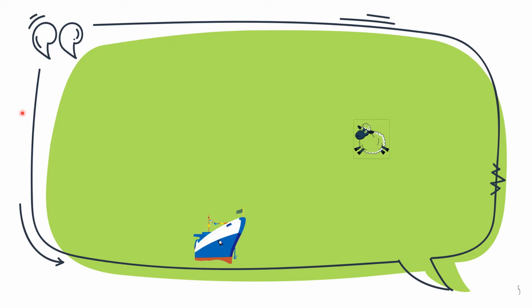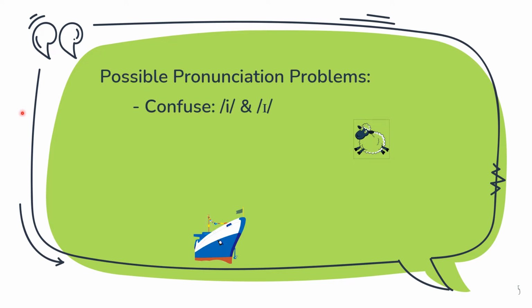It is also necessary to consider that we may encounter some pronunciation problems. That's why we need to understand that this vowel sound E is long, while this one is short.